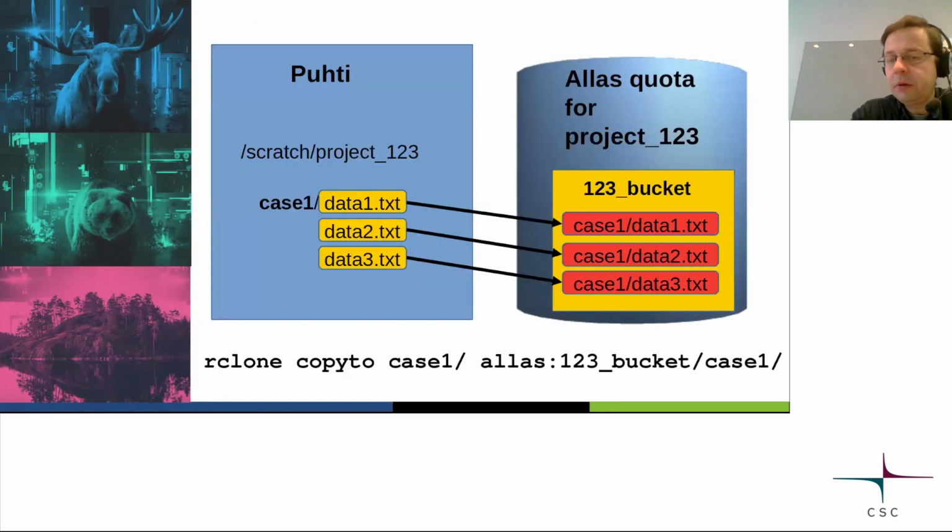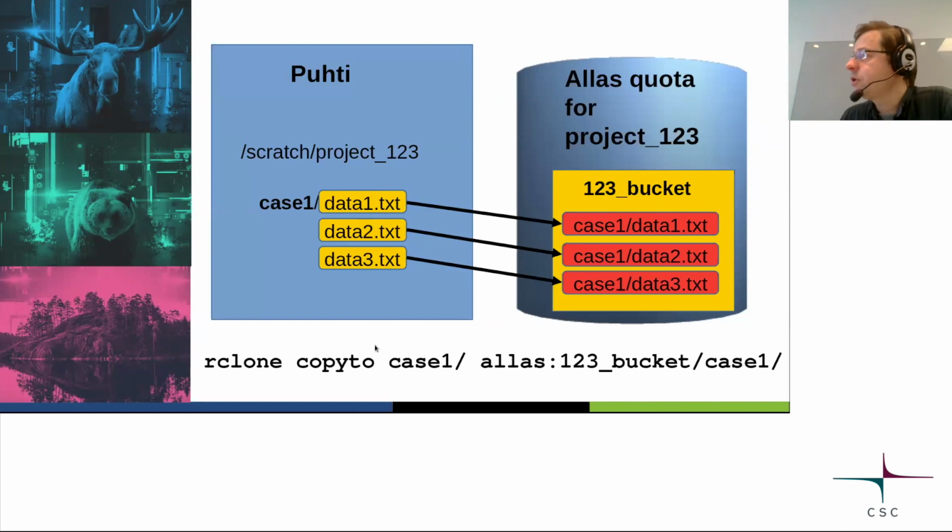So here's an example command for rclone. Rclone is typically done so that you put the rclone command, then some operation like copy to, and then you have a source and a destination, or just a destination if, for example, you do listing.